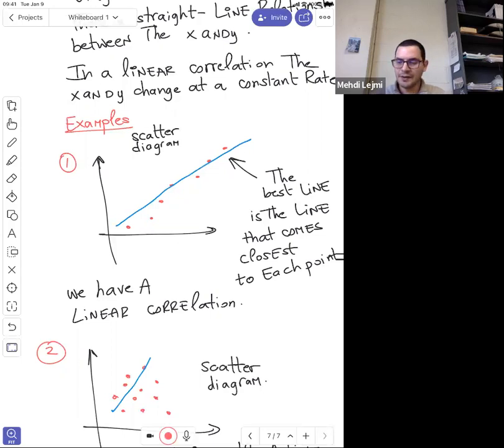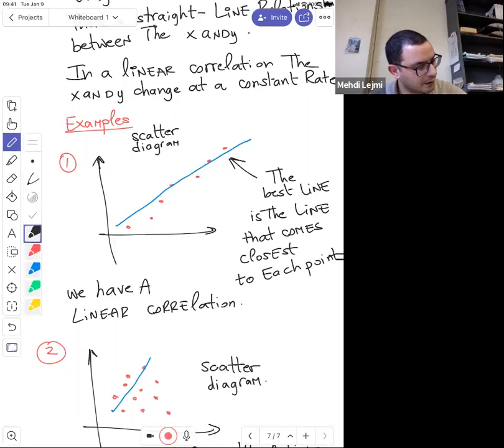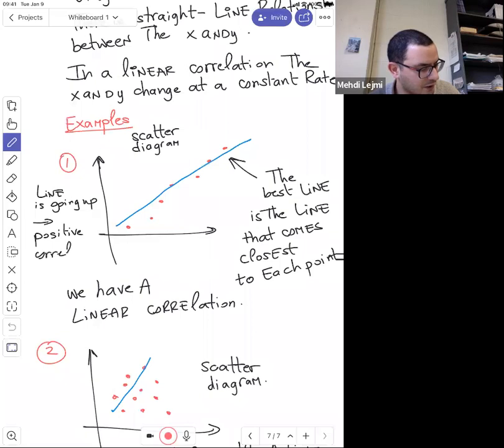In this case, if the line is going up, we say we have a positive correlation or relationship between X and Y.